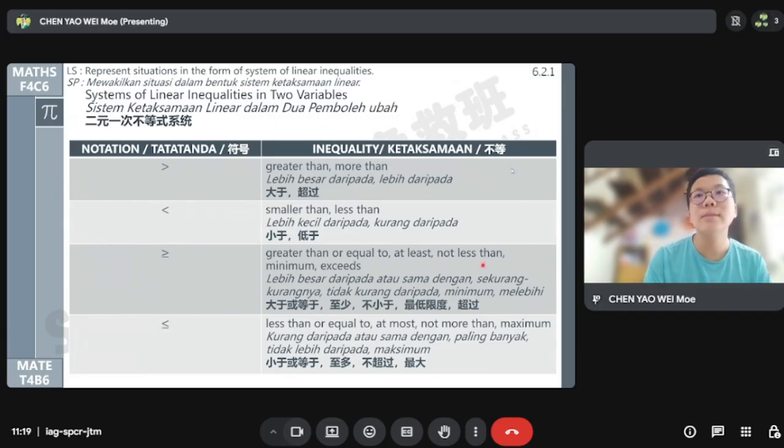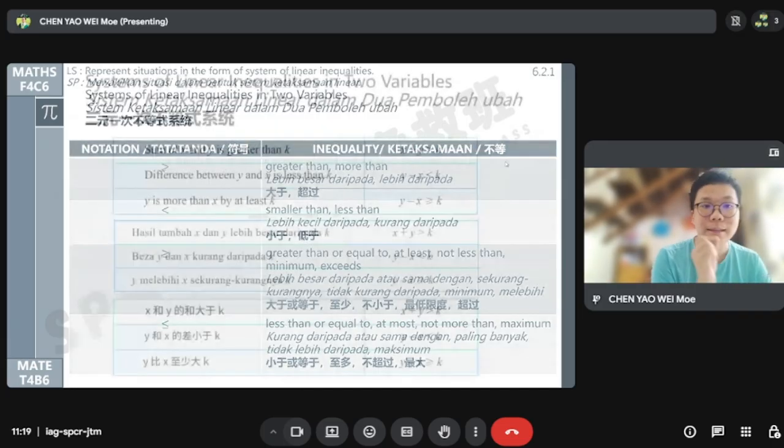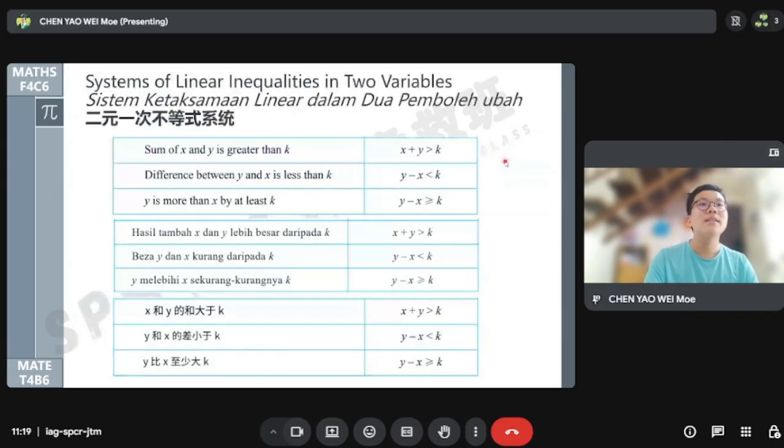And this one is more confusing to you, but never mind. If you see keywords like these: x plus y, very easy, the sum of x and y, so x plus y. Difference between y and x: start with y first, then x. Y is more than x by at least k.